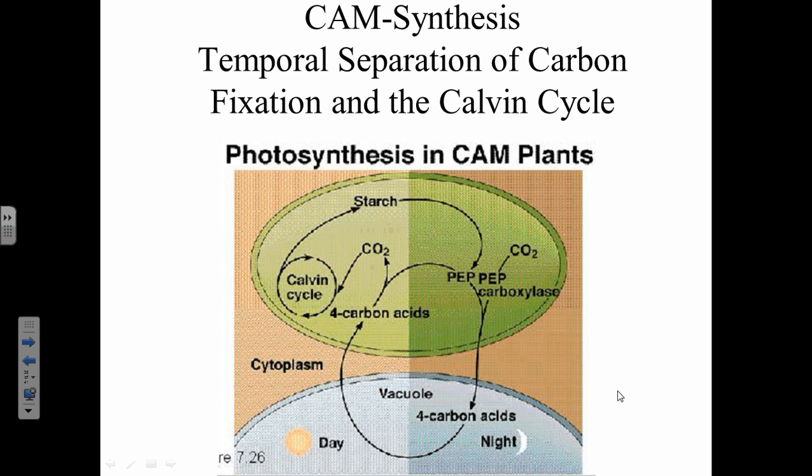So all plants do the Calvin cycle. C3 plants go light dependent straight to the Calvin cycle. C4 plants do light dependent, then they fix carbon with carboxylates, transport it to the bundle sheath, and then they do the Calvin cycle. CAM plants fix carbon at night, store it up all night, and then they do the Calvin cycle during the day.